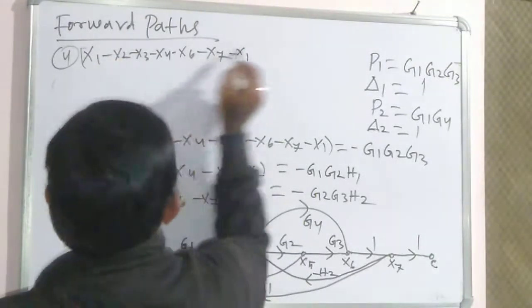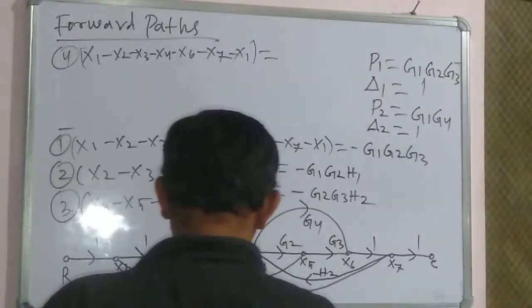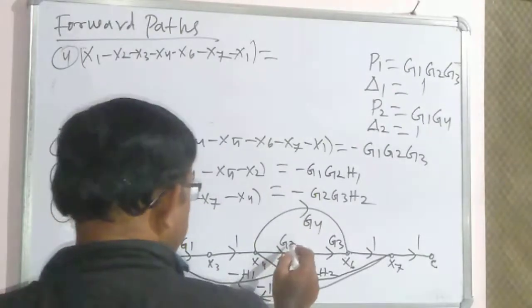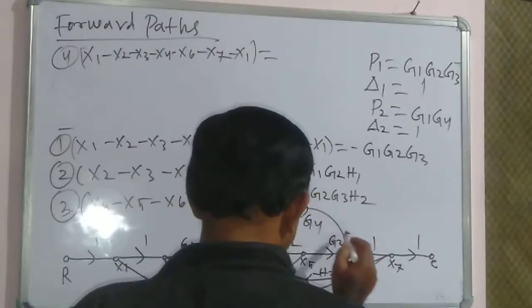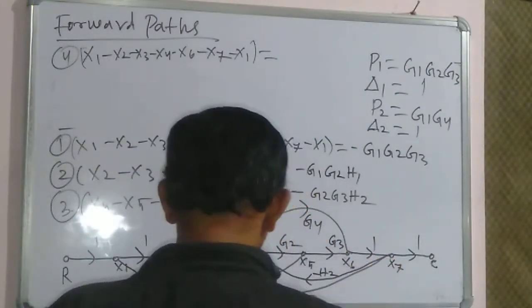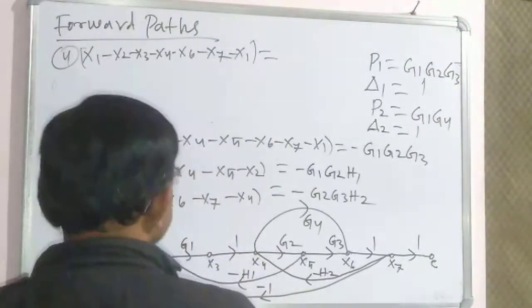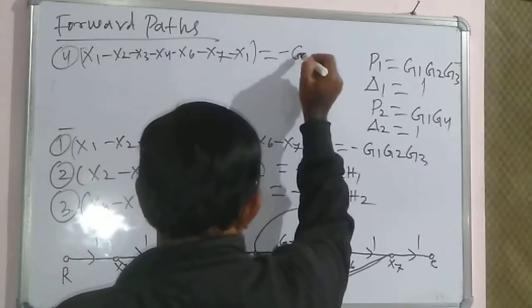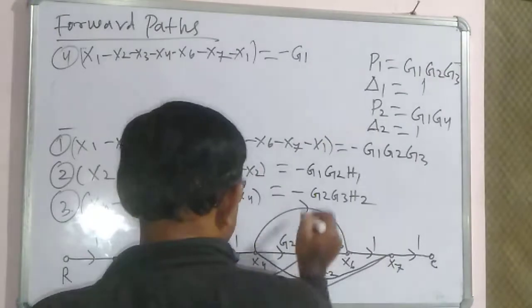Then what is the gain of this? That is G1, G4 and minus, so minus G1 G4.